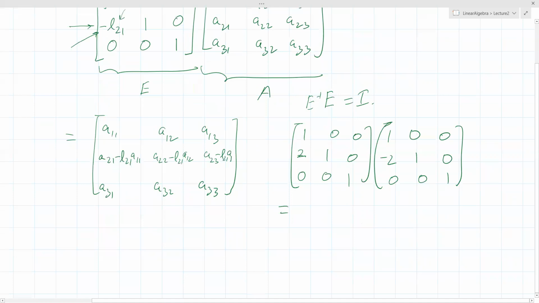First row, first column, 1. First row, second column, 0. First row, third column, 0. Second row, first column: 2 times 1 plus minus 2 times 1, 0. So it will give you 0.